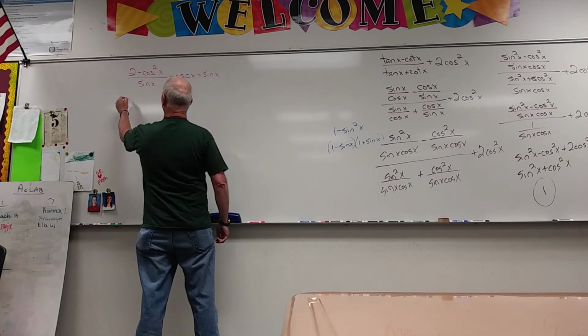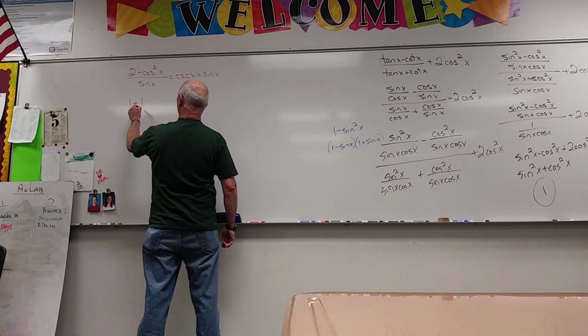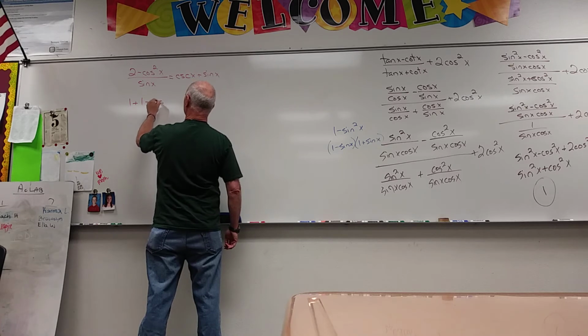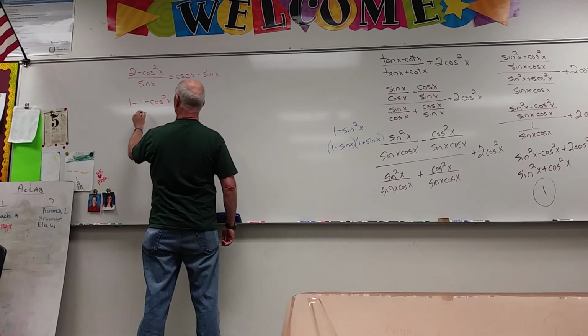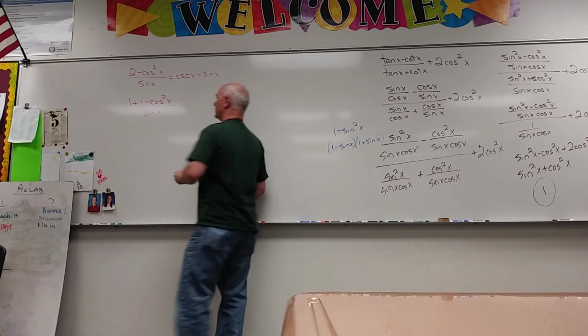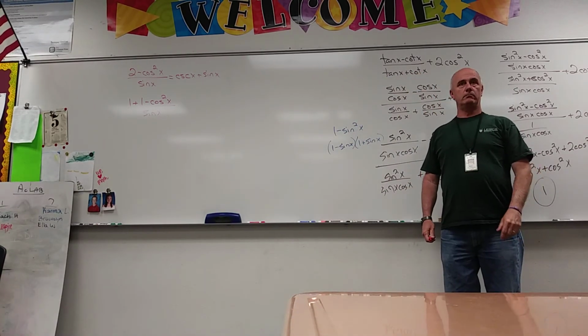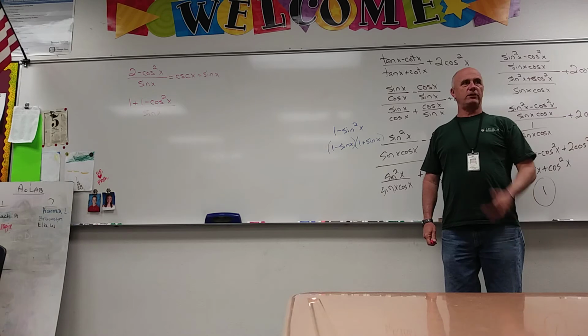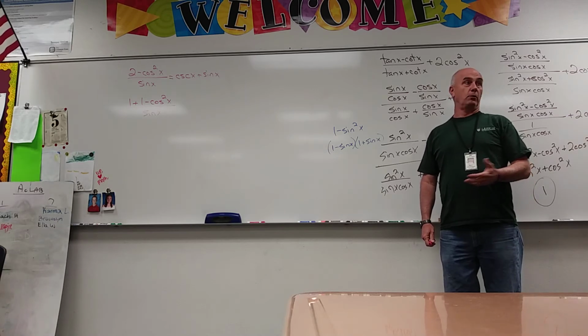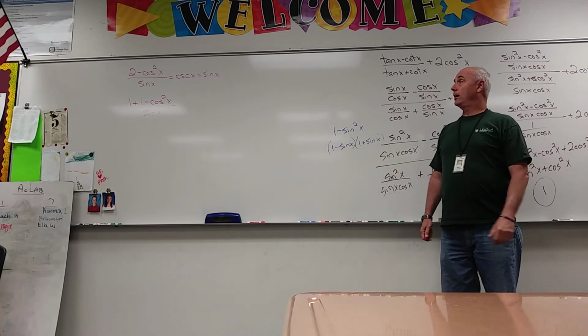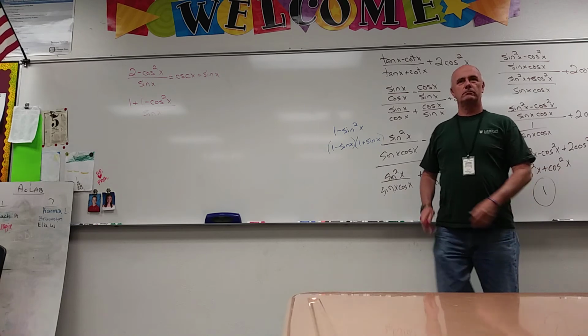We're good. So if we write 2 as 1 plus 1, if we write it like that, first of all, can we? Yeah, we just changed 2 into 1 plus 1. Does that help us at all? Yeah.